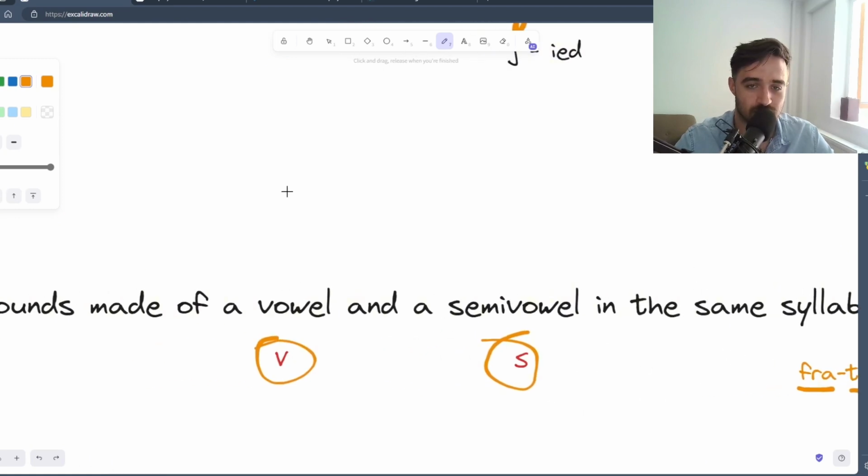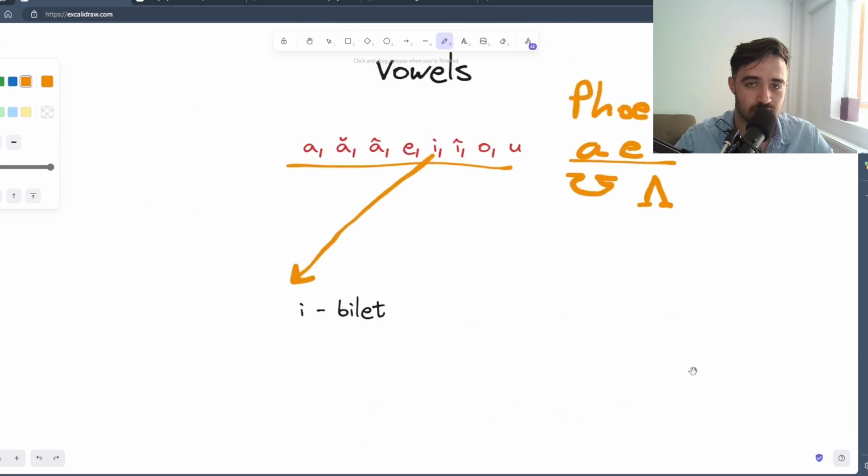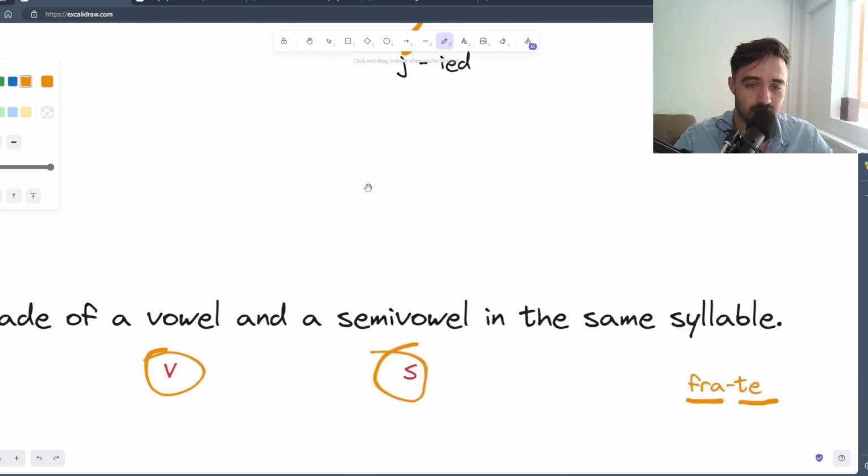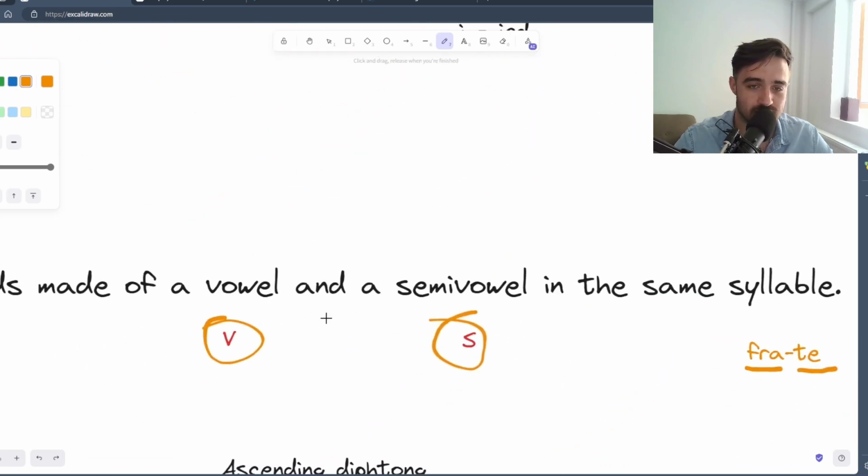As long as you know what a vowel can be and what a semivowel can be, and that they have to be in the same syllable, this will not split into syllables. So it will be in the same syllable, I and U, unlike this here. And few is pronounced few, not fe-u, or something like that.